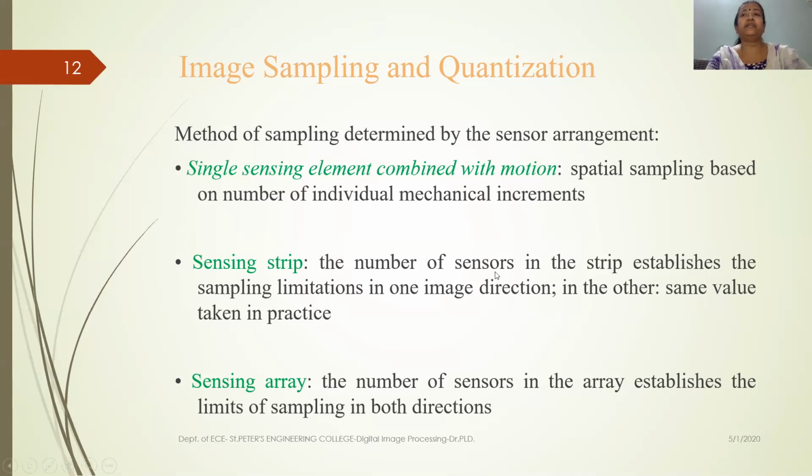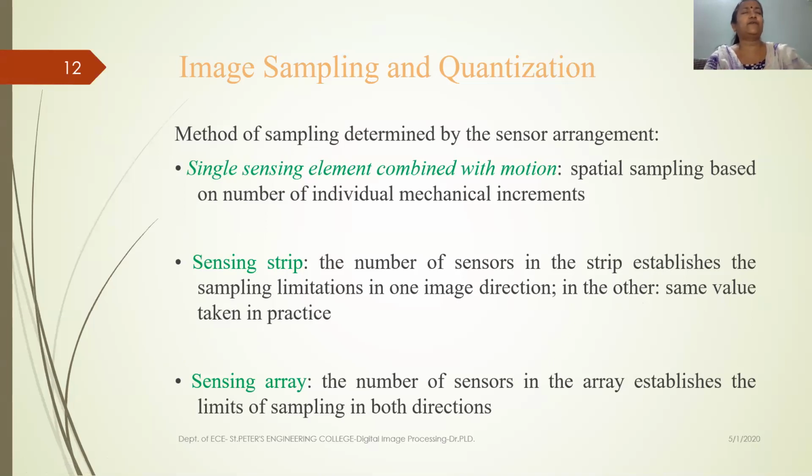This gives spatial sampling based on the number of individual mechanical increments. The number of sensors in the strip establishes the sampling limitations in one image direction, and in the other direction the same value is taken in practice.